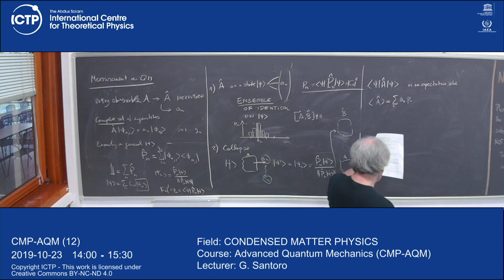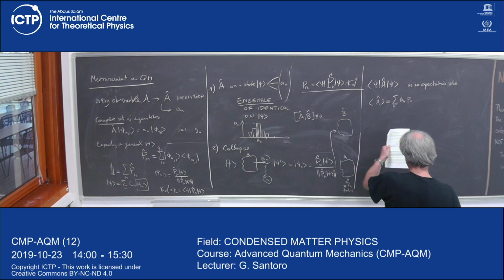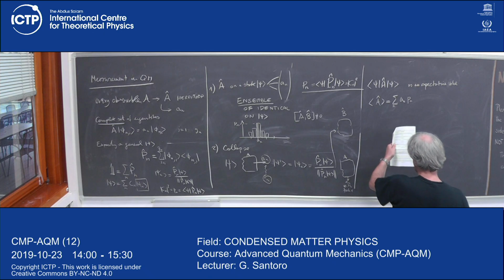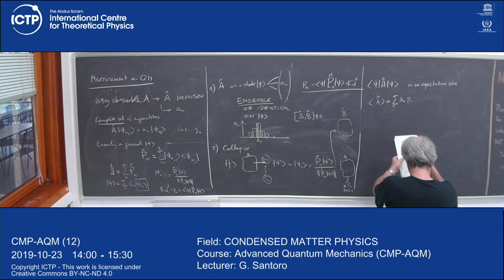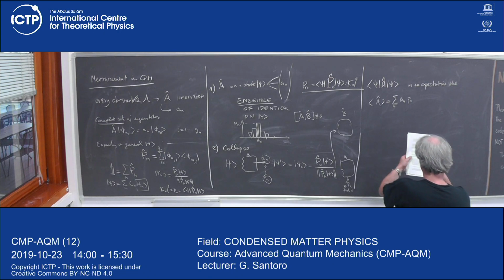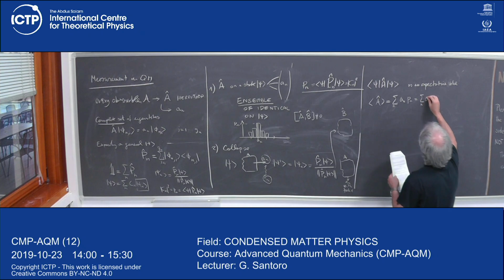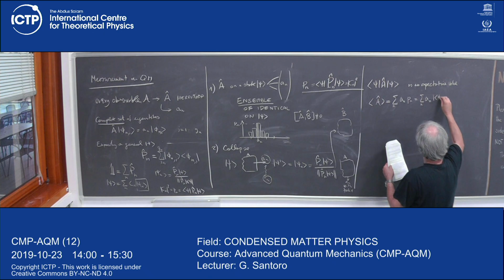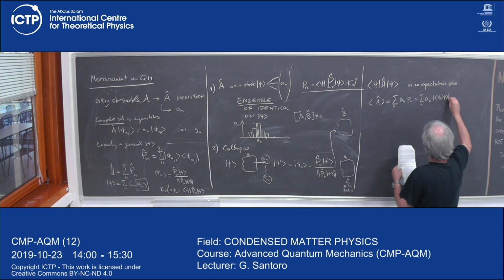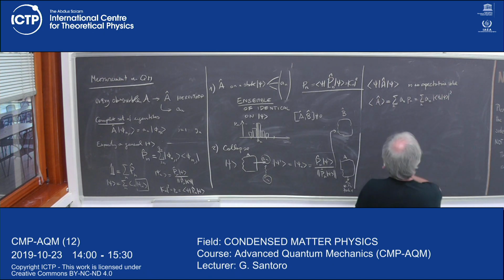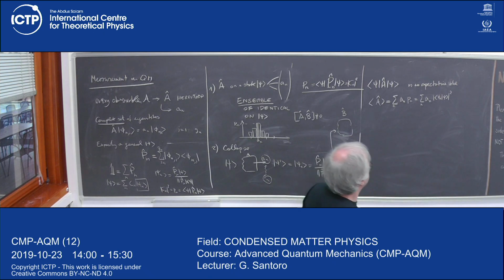Okay. And now, let's see what Pn is. This is the sum over n of an, the modulus square of the component of psi on the projected state psi n.